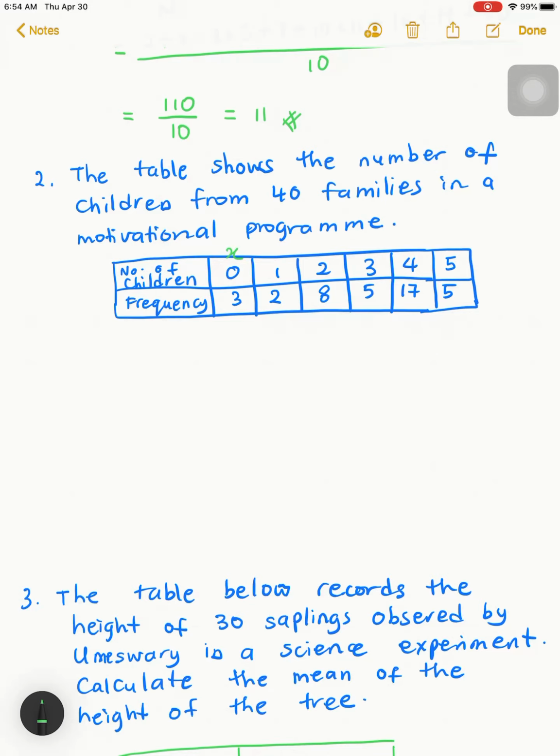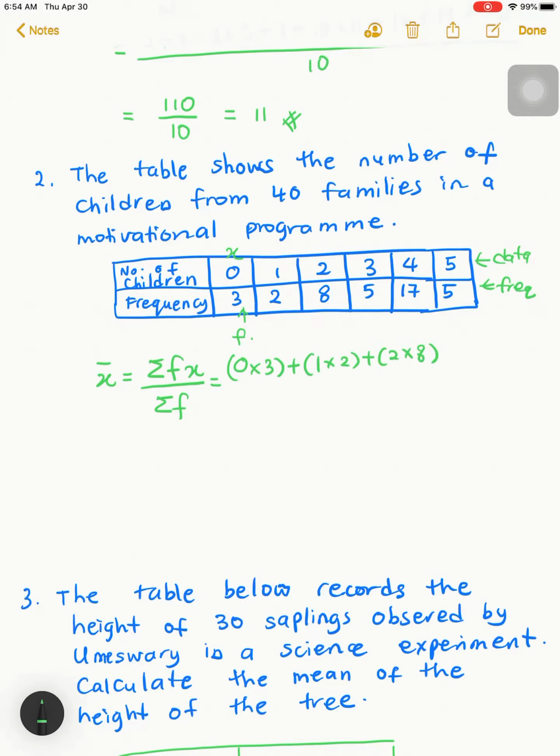You just need to multiply x with f, where f is the frequency. The formula is the sum of fx over the sum of f. So what do we have? 0 is the data, and this is the frequency.